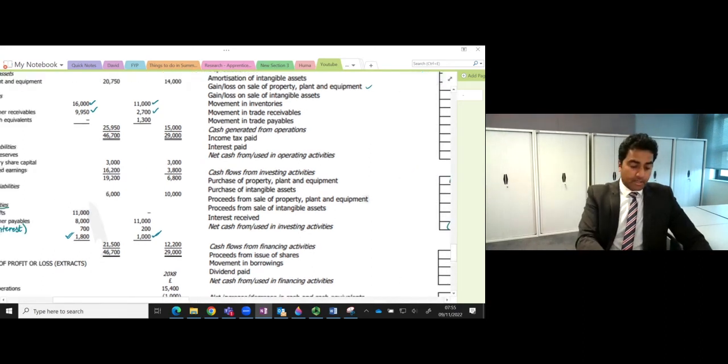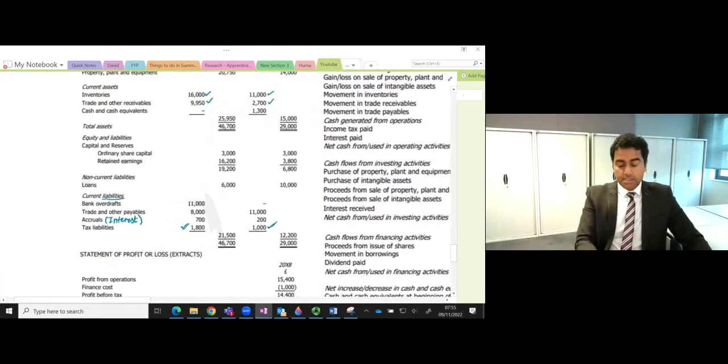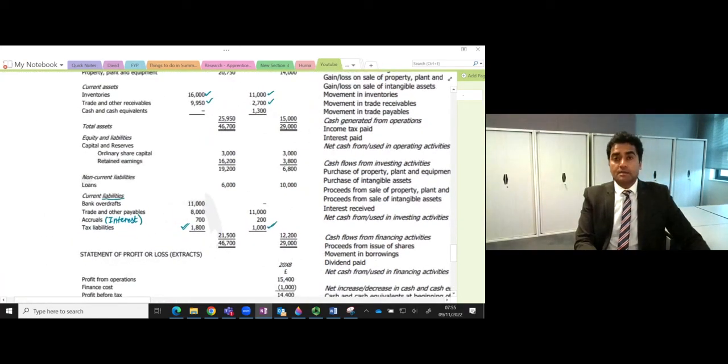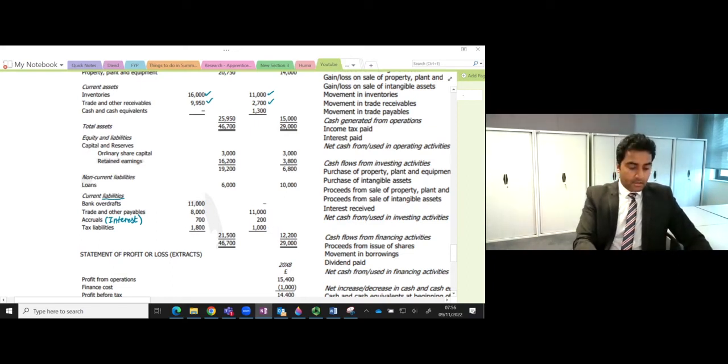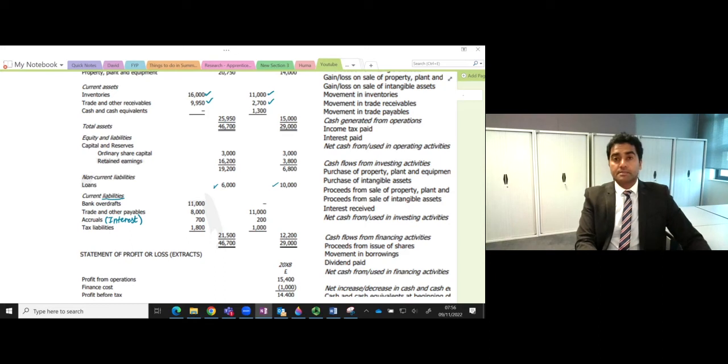Movement in borrowing. So companies also finance their business by borrowing money from the lender. So loan, I can see that it was £10,000 and now it is £6,000. So we have a loan in this business.